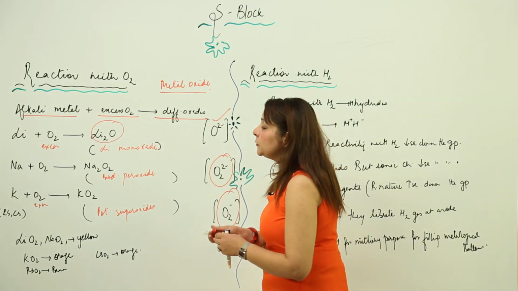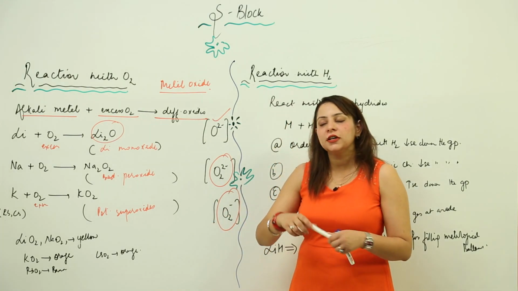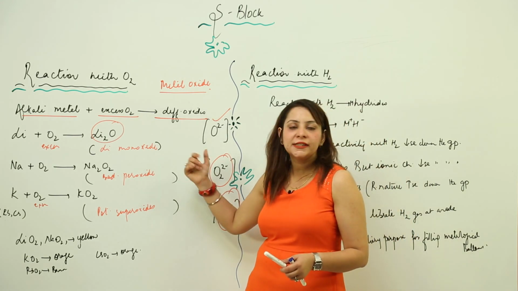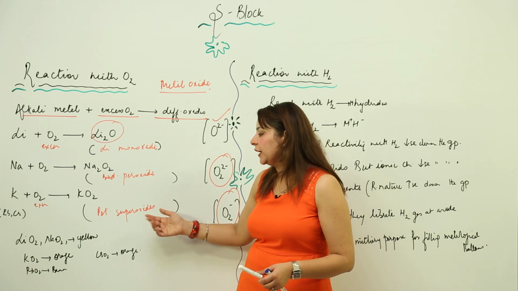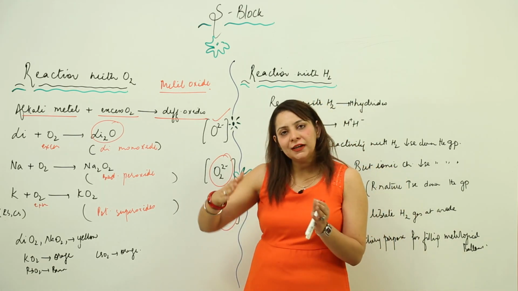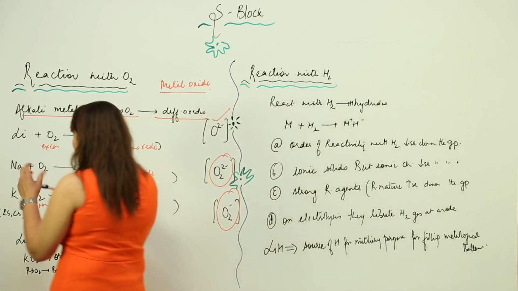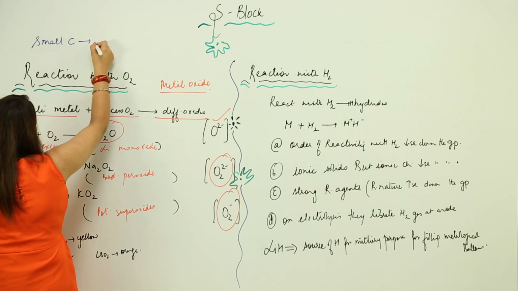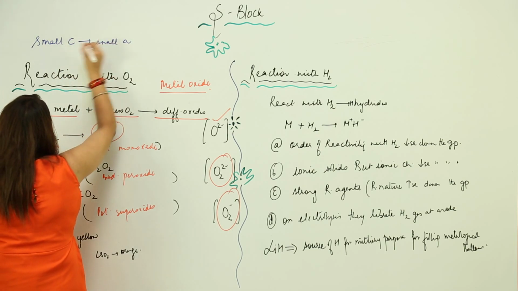Right. Now you must be thinking that as they are members of the same group, why are they still forming different types of oxide: lithium forms monoxide, sodium forms peroxide, and potassium forms superoxide. So what is the reason behind this? The basic reason is that a small cation can stabilize a small anion.